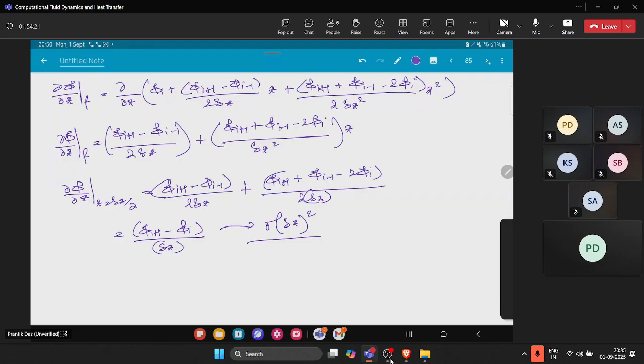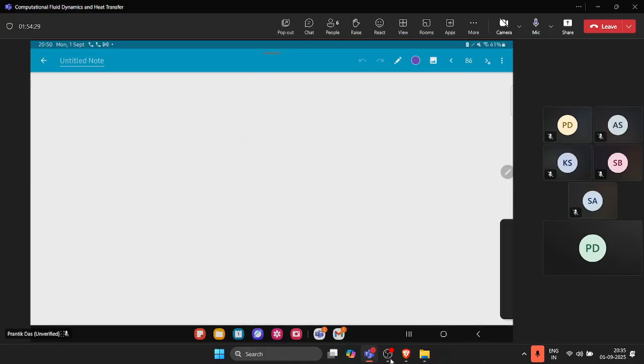Hello, am I audible? Yes, sir. So now let us see what is the order of accuracy of the convective scheme. Okay. So we know that phi f equal to phi I plus d phi dx delta x divided by 2, plus d square phi dx square (delta x divided by 2) square, plus d cube phi dx cube 1 by 3 factorial (delta x divided by 2) whole cube.